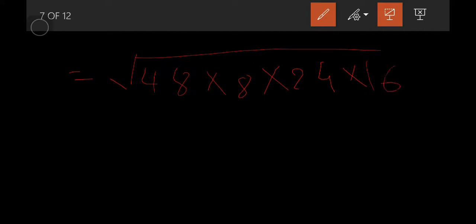We want to find this square root. We know that we can find the square root of 16, that is 4, which we put outside of the square root.